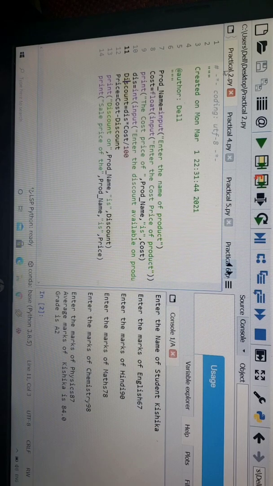We all know whenever we want to calculate the discount, it should be multiplied by the cost of the product and divided by 100, and then you can simply deduct the discount from the actual cost, and then you can print how much discount is available and now what price the customer has to pay. Let's see its output.